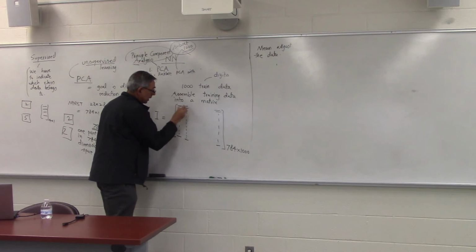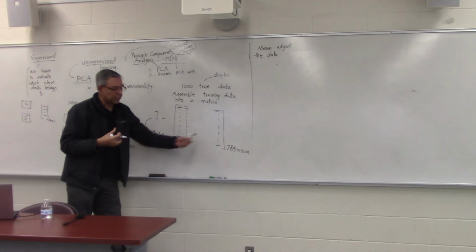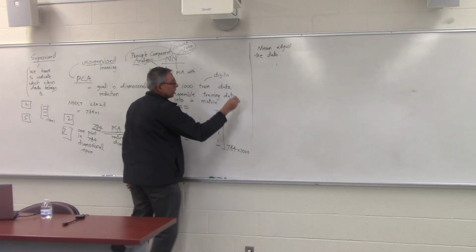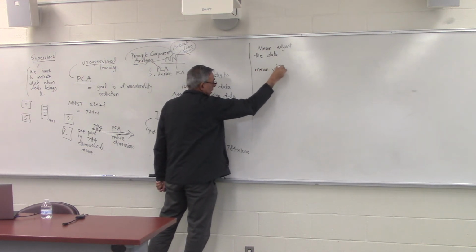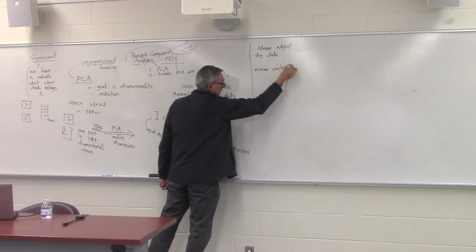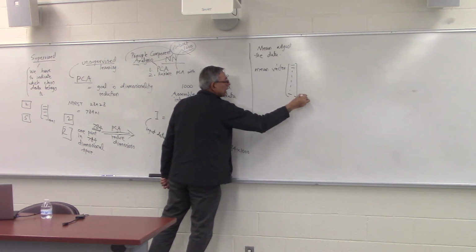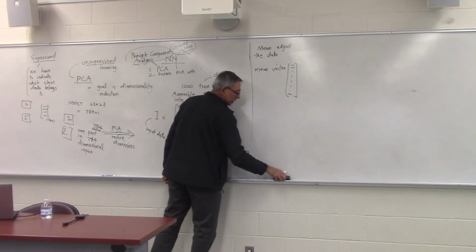How many numbers are inside each row? 1,000, right? We take the average and we come up with the mean vector over here. So mean vector, as you can see, will be 784 by 1.